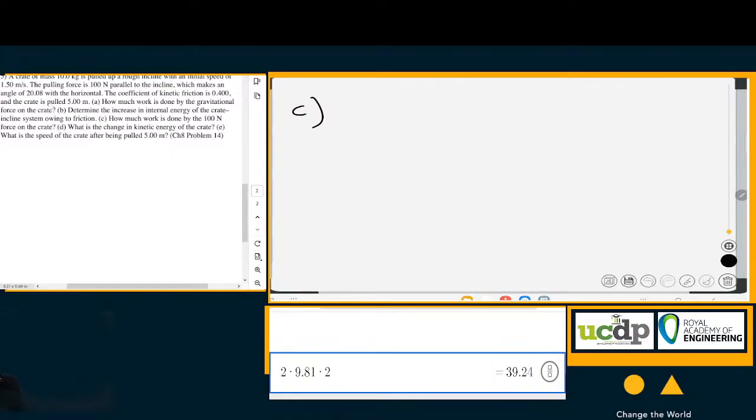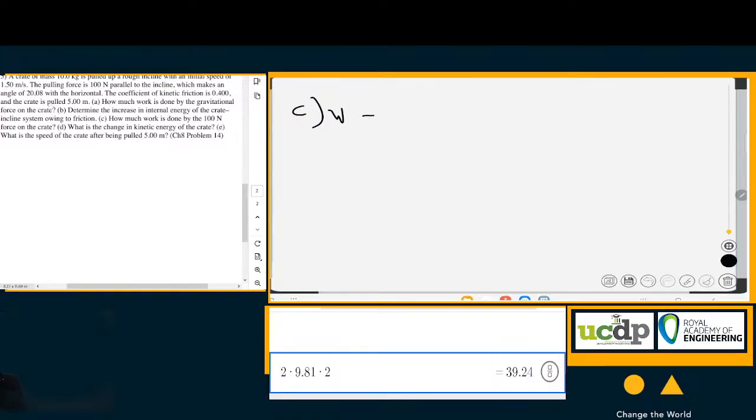C. What is the change in the kinetic energy? Oh, sorry, we need to see how much work is done by the 100 newton force.